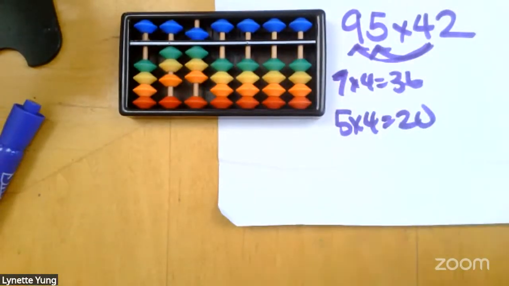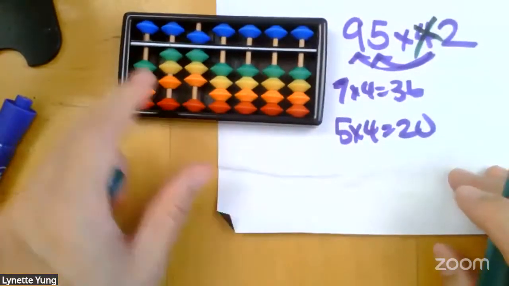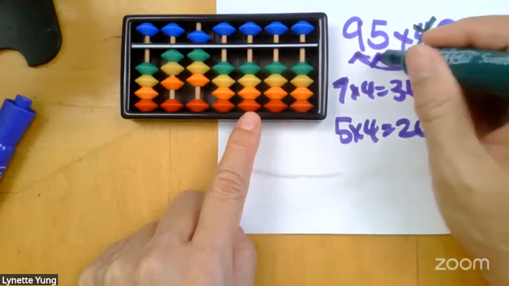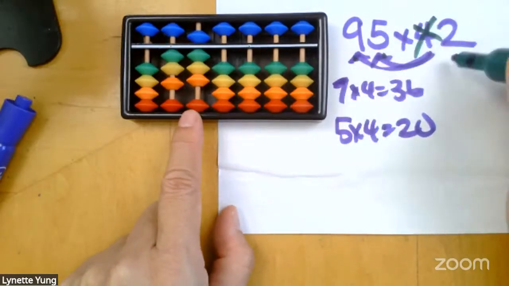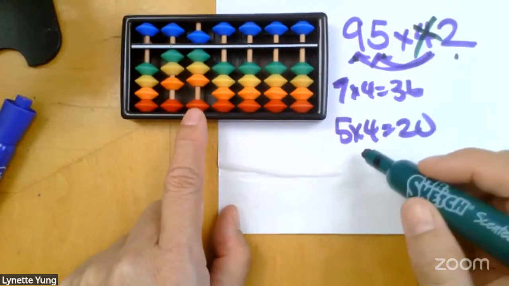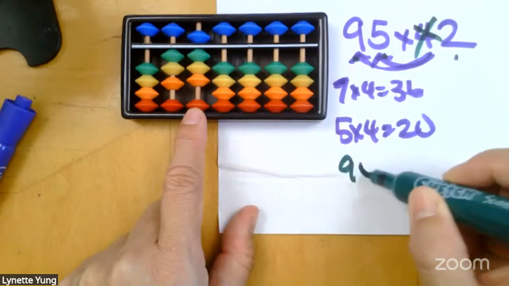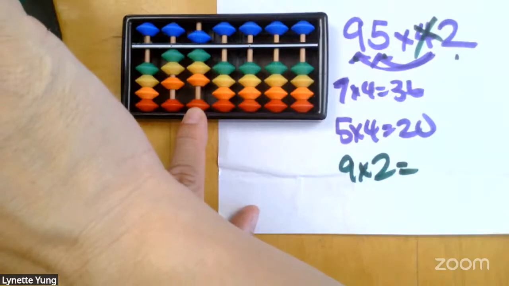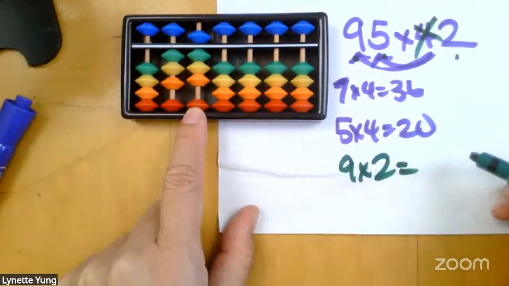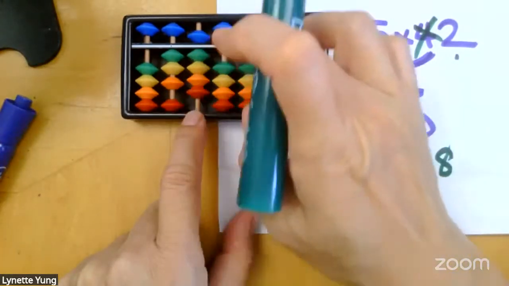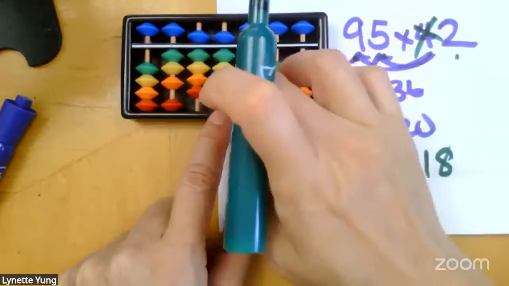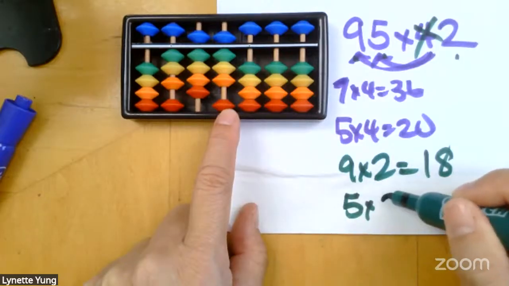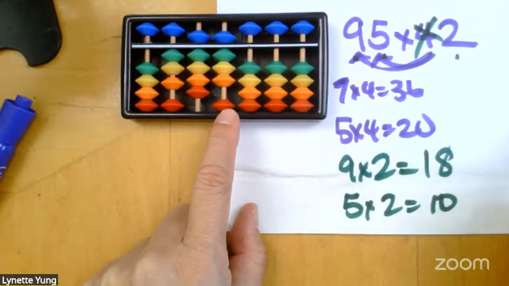So we're done with that. We have to reassess. So we go 1, 2, 3 spaces, 3 columns over. 9 times 2 is 18. And then 2 times 5 is 10.